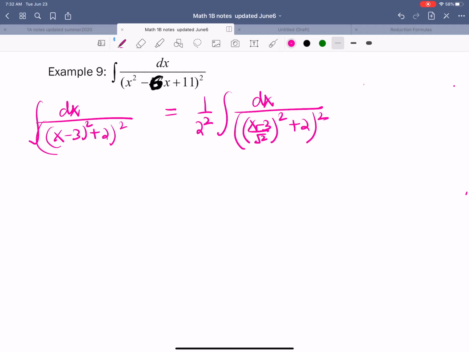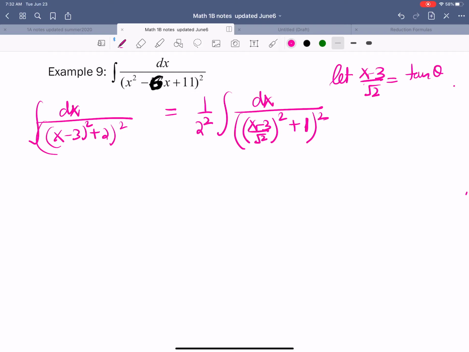If you take the 2 outside, you can take the 2 back in and this would actually be a 1 here, since I pulled out a 2 from the parentheses. Now, this does look like a tangent to me, so I'm going to let x minus 3 over root 2 be the tangent theta.